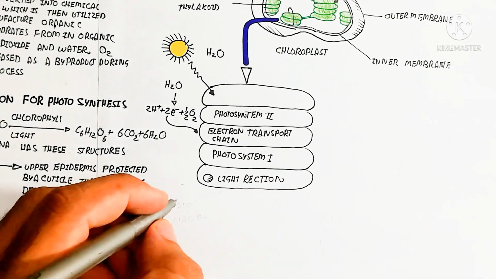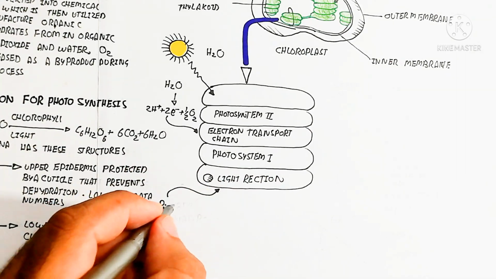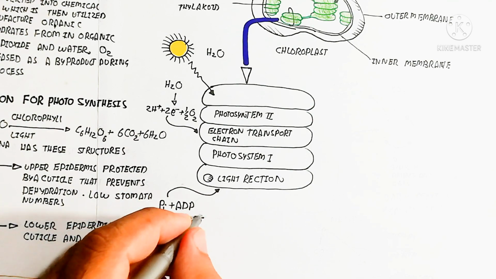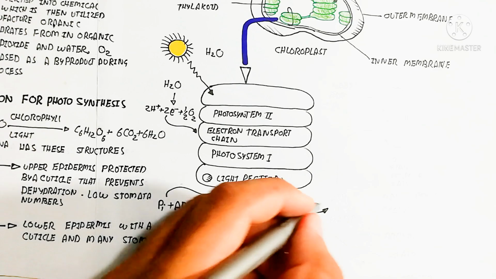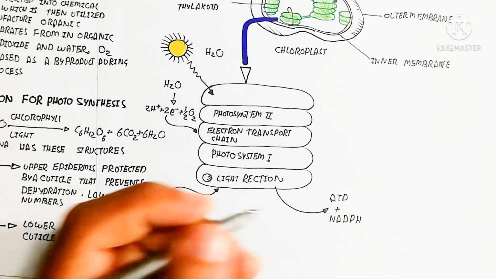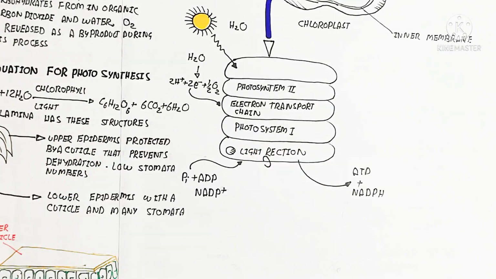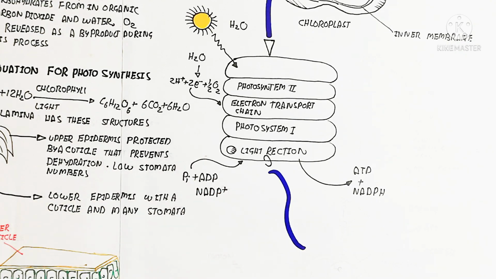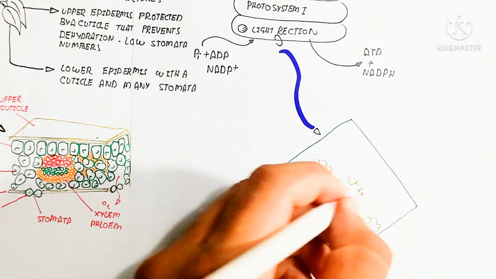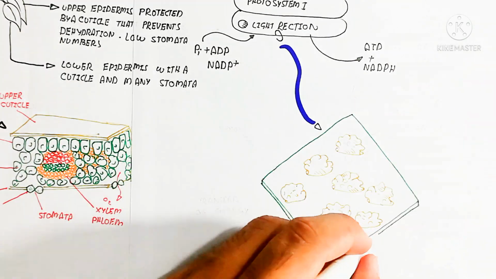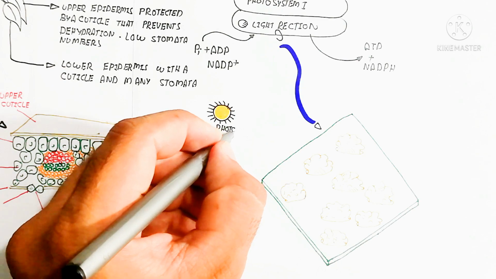Then photosystem 1 accepts it after photosystem 2, and through light trapping the electron is excited again, to give NADPH and ATP. These NADPH and ATP are used for the dark reaction.